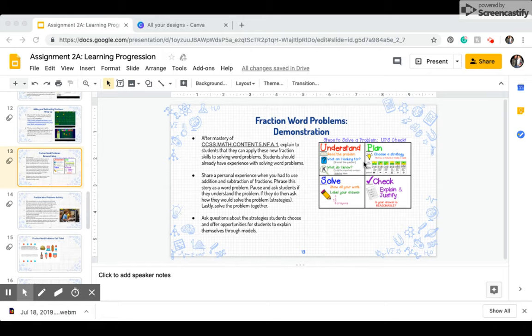And as I'm pulling apart this word problem, it looks like it's going to be an addition problem. So they need to use the tools as far as unpacking a word problem or different strategies for making two different fractions equivalent. They need to use those tools strategically to be able to explain to you why that works.